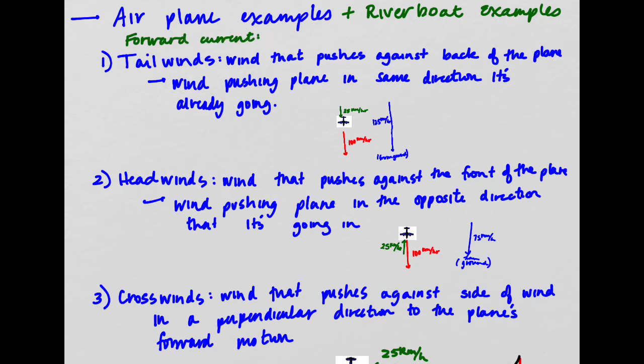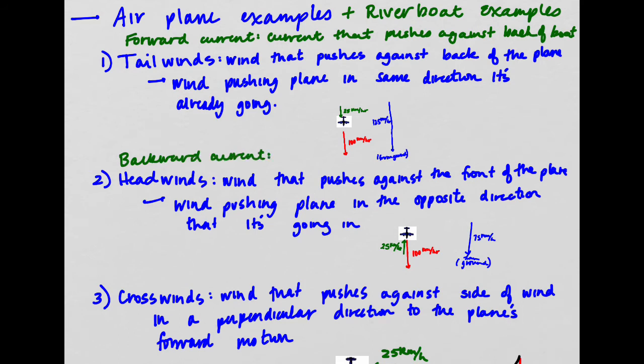And this is the current that pushes against the back of the boat. Of course, making that boat go faster, appear to have a greater velocity from the side, from the bank, where we're watching this boat. Then we have, instead of a headwind, a backward current.